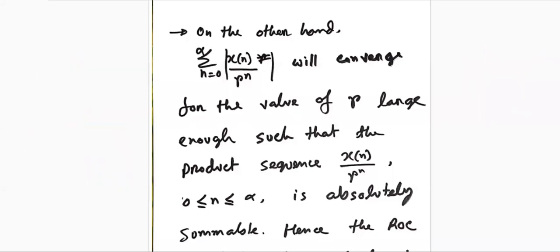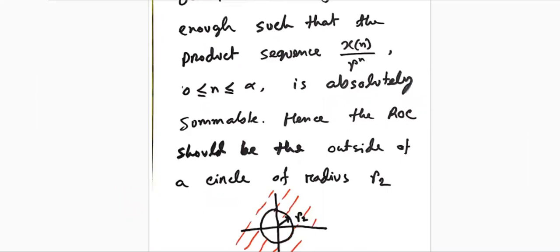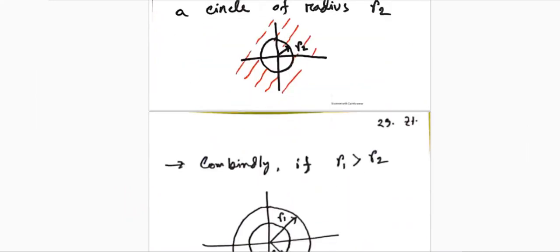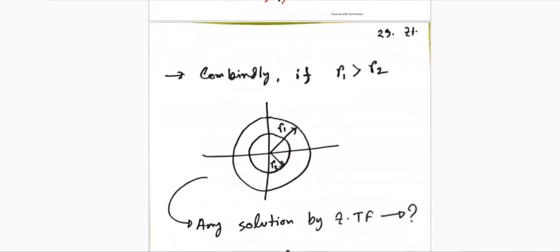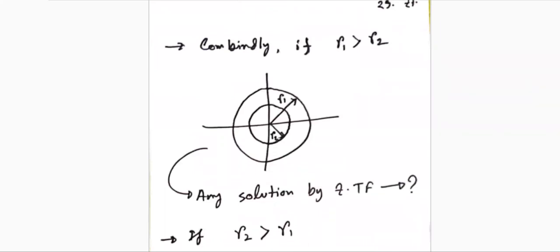So combinedly, this is for the right-sided sequences. If for any case R1 is greater than R2, what is R1? This is for the left-sided sequences. So if R1 is greater than R2, you can take an example: R2 equals 0.5 and R1 equals, let's say, 1.5. Then what will happen?